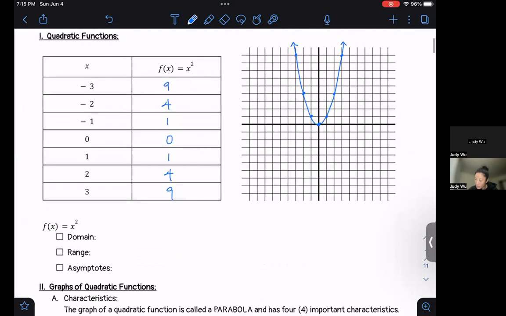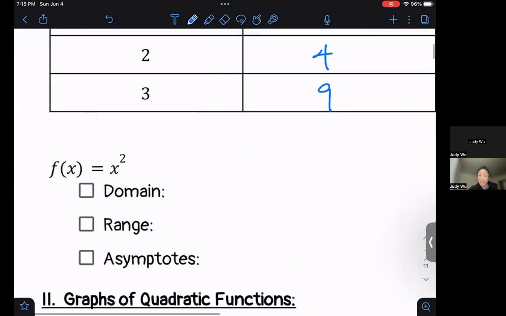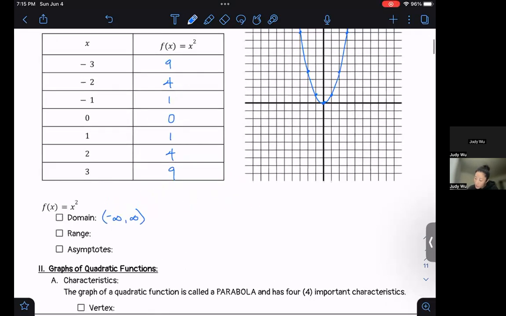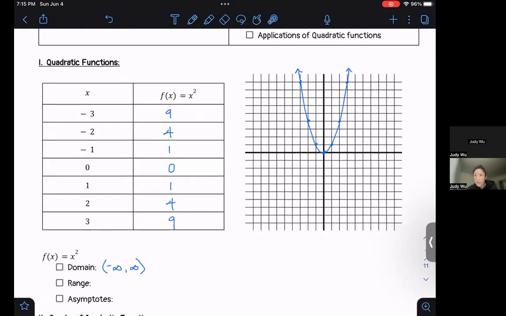Now let's use the table, the graph, and the equation to think about domain and range. The domain is all real numbers, because I can take negative numbers and square them, positive numbers and square them, or take 0 and square it. But when we look at our graph, we don't see any function down here.